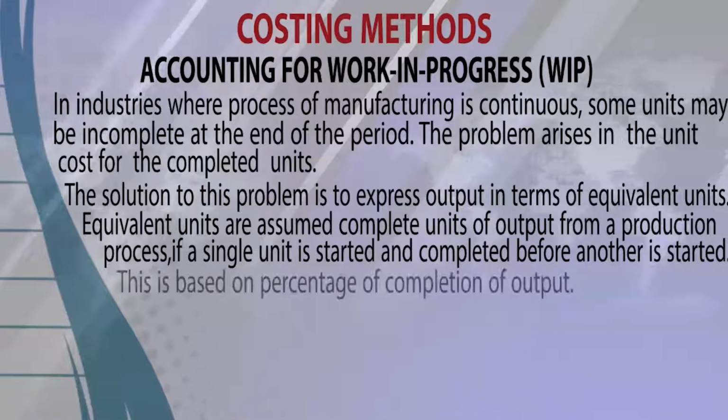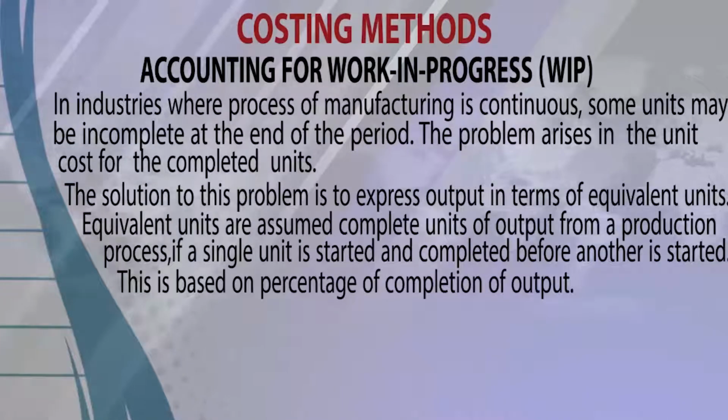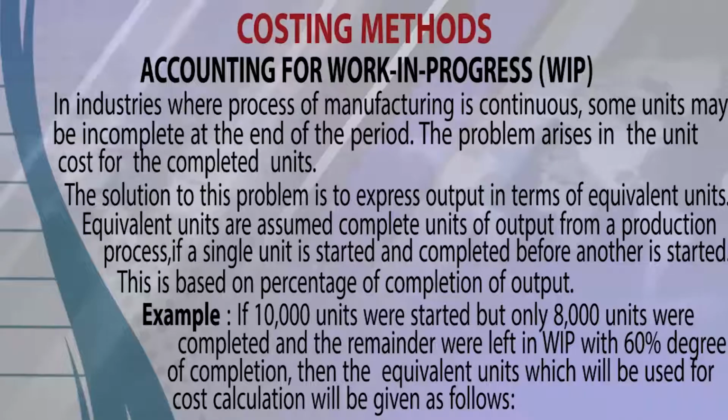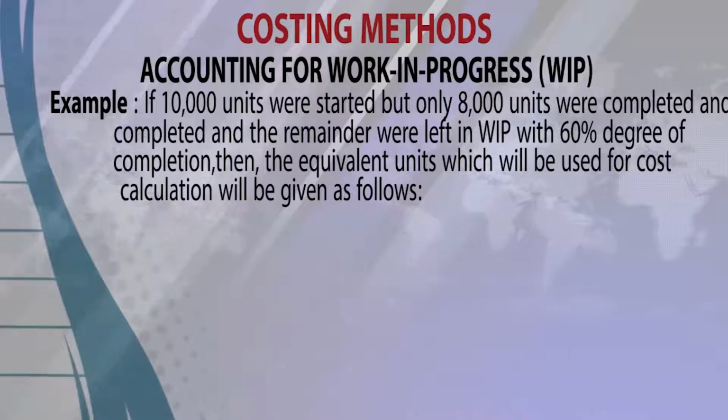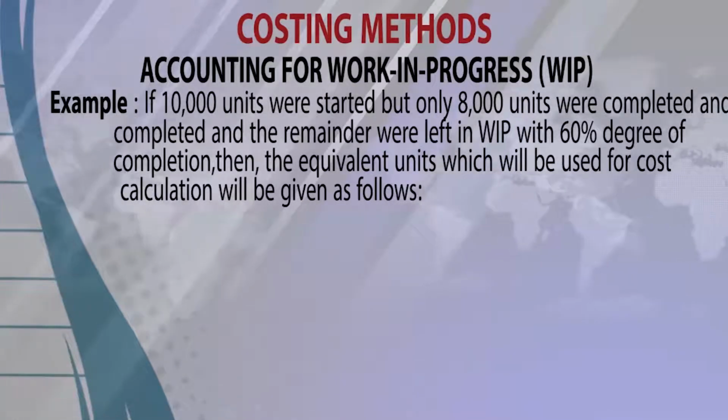This is based on the percentage of completion of output. For example, if 10,000 units were started, but only 8,000 units were completed, and the remainder were left in work in progress with a 60% degree of completion, then the equivalent units, which will be used for cost calculation, will be given as follows.